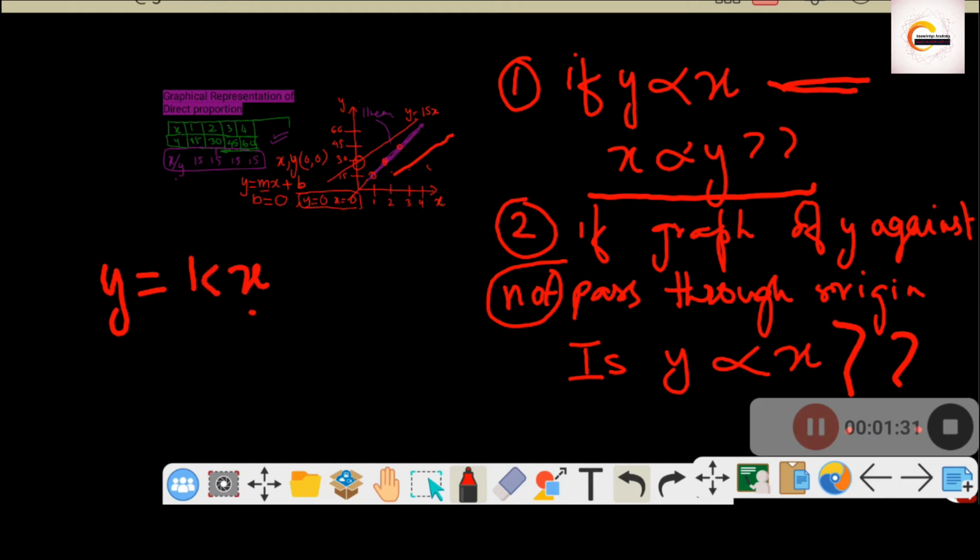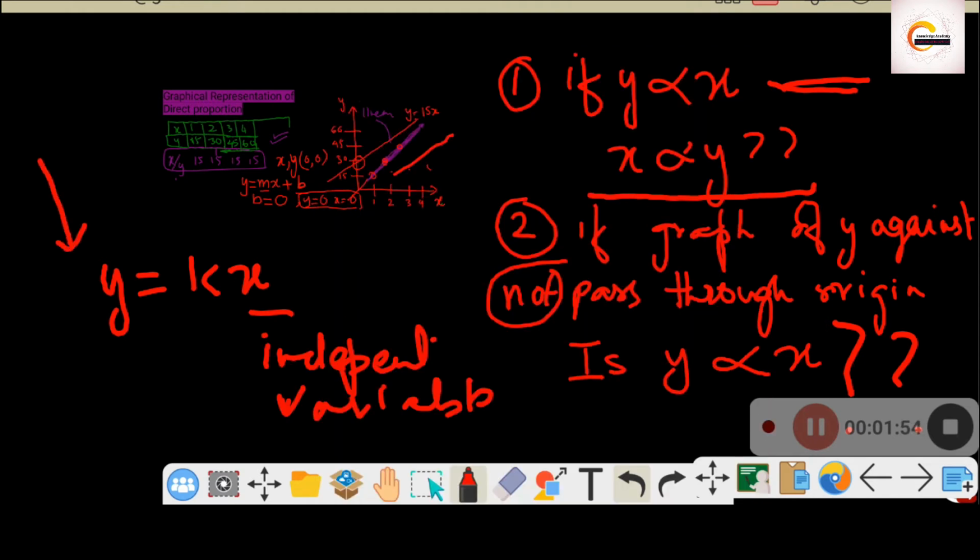Here x is the independent variable, whereas y is the dependent variable. So that means the value of y depends on the value of x. If the value of x increases, the value of y increases, but that case is not necessary for y. If the value of y increases, x may or may not increase.